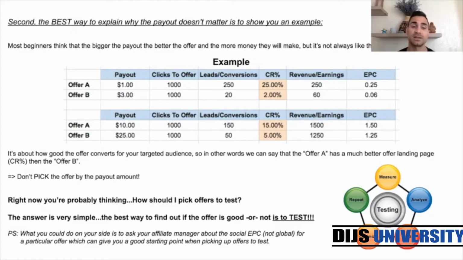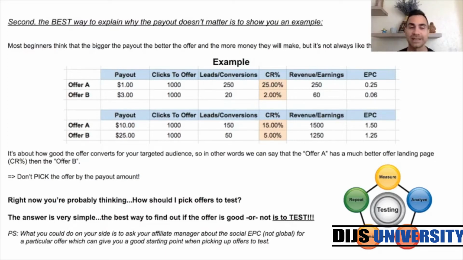You're probably asking, the payout is bigger on offer B than offer A. Yes, that's correct. But the offer landing page on offer A has a much better conversion rate, which gives you more leads and more revenue, more money. So you make more money, right?